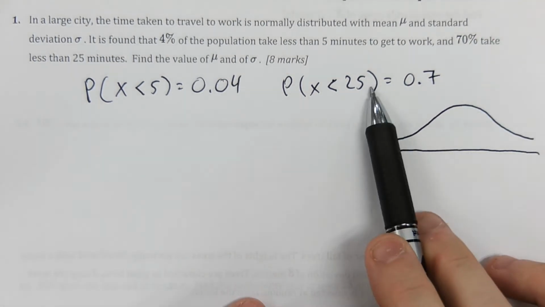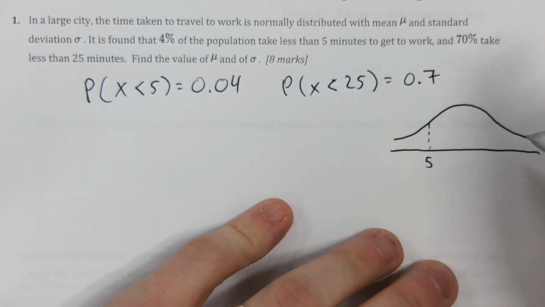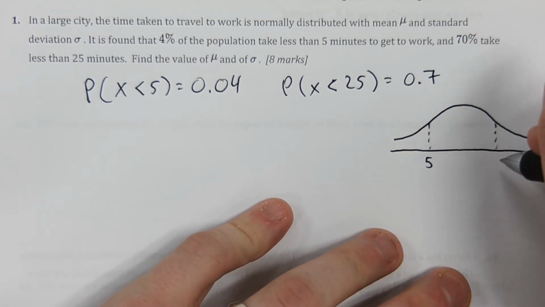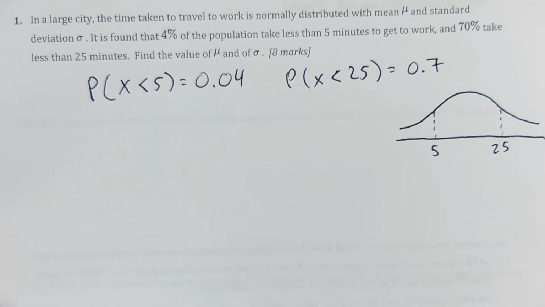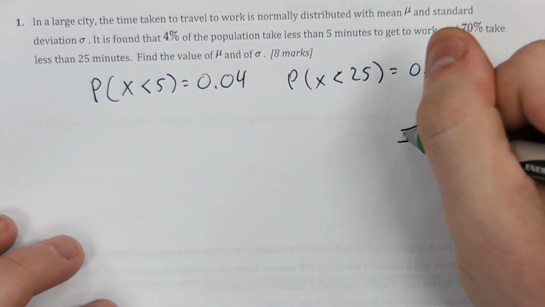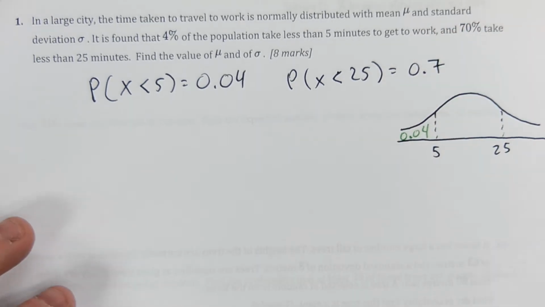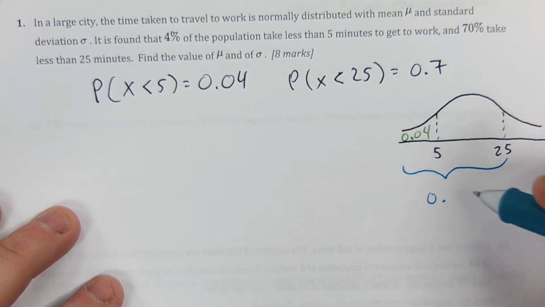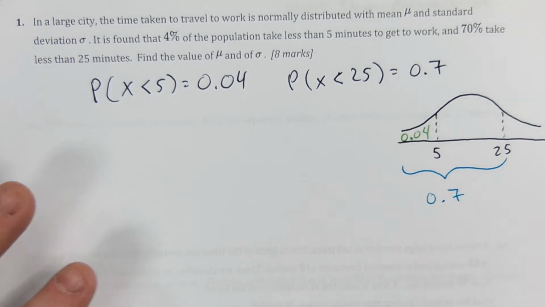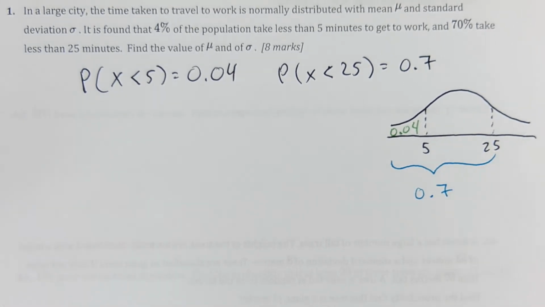Clearly 25 is to the right of 5, right? Picture not drawn to scale, so let's say 5 is here, and let's say 25 is here. We know that this zone right here represents 0.04. And since this whole zone represents 0.7, all we have to do is subtract to figure out what's between the two numbers. I don't even know if that's useful. I'm just going to throw it on there for visual people.